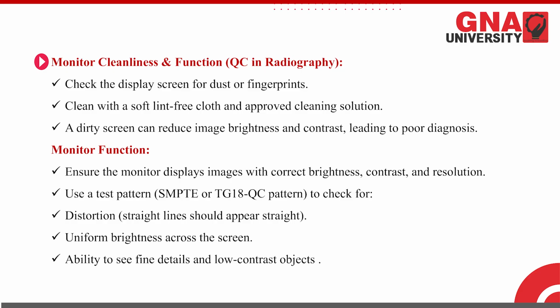Brightness should be uniform across the screen, from one corner to another. And we should be able to see fine details, meaning small anatomical parts with low contrast, on the screen also.